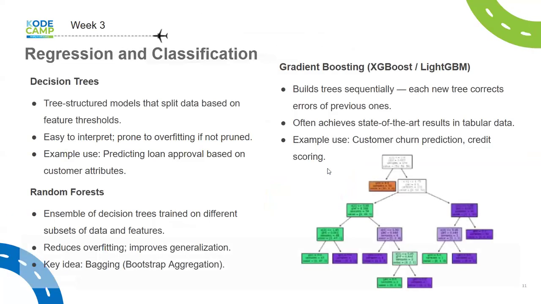So let's look at other methods. Apart from the linear models, which we use and we have seen, there are a whole lot of other approaches that you can use for modeling data, right? The linear models, which we use for regression, linear regression, and logistic regression, are very simple. Like I've shown you, the decision boundary is a straight line.